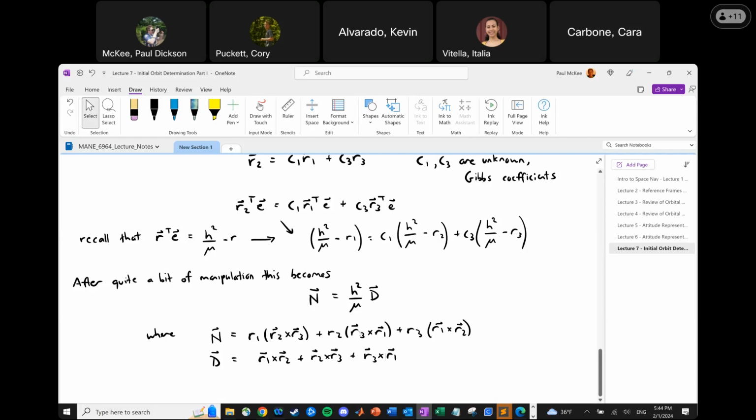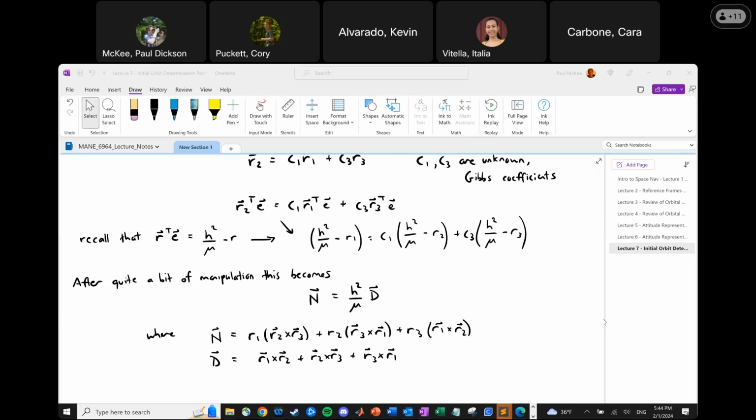They are this really interesting symmetric kind of combination with cross products and dot products of the original three vectors that we started with. That will allow you to find N and D, which are both vectors. That's why they have a little hat. And then that would mean that we could also find H. Sorry, I thought I heard a question, but I could have just had a hiccup on my computer. Good, okay.